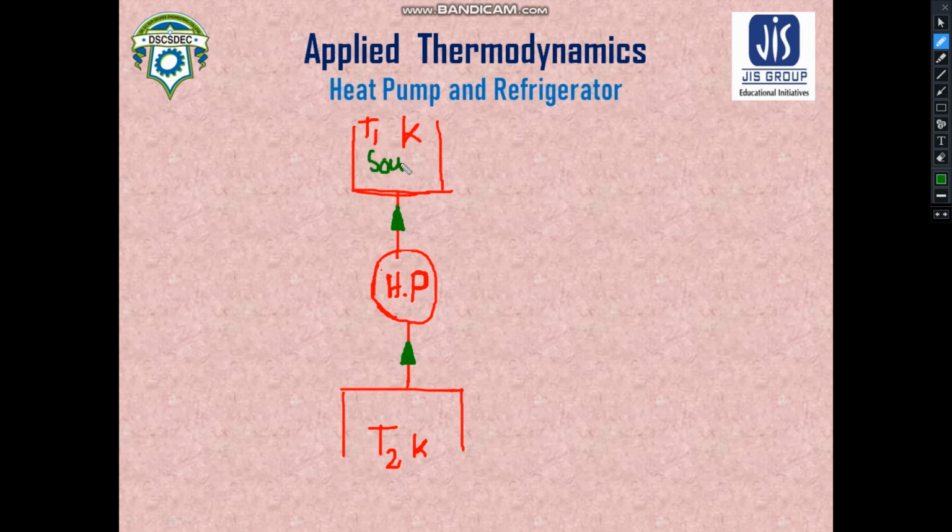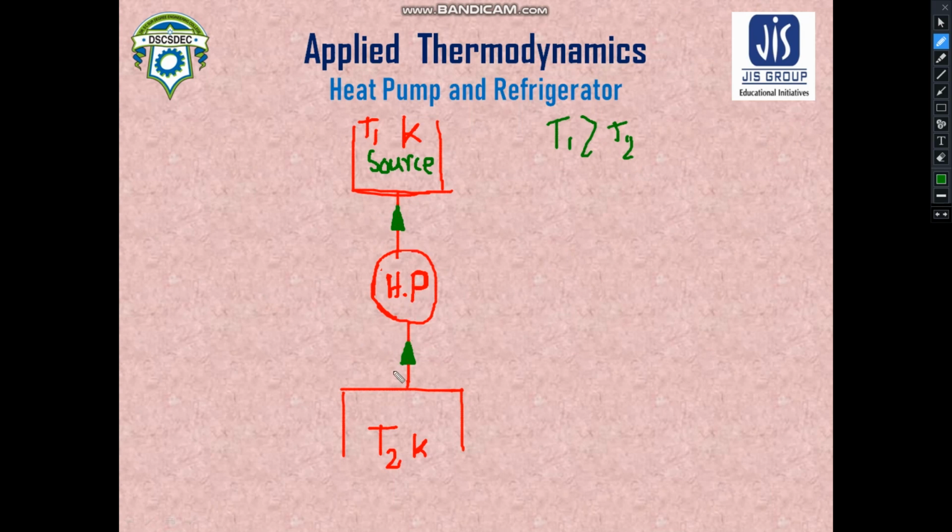Now you know that heat can't flow from low temperature to high temperature. Obviously this T1 is greater than T2. If I haven't mentioned this T1 greater than T2 in the case of heat engines, please check it and correct it, because if T1 is not greater than T2, then this heat engine or heat pump will not work. So it is already given, it is a perfect assumption.